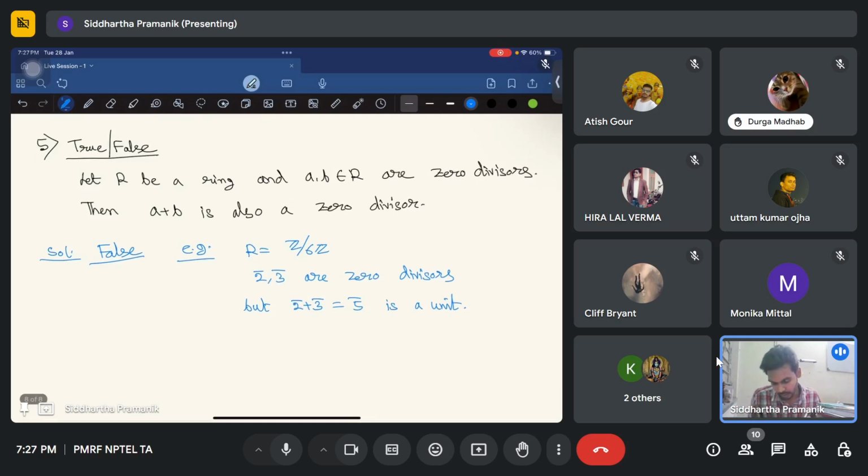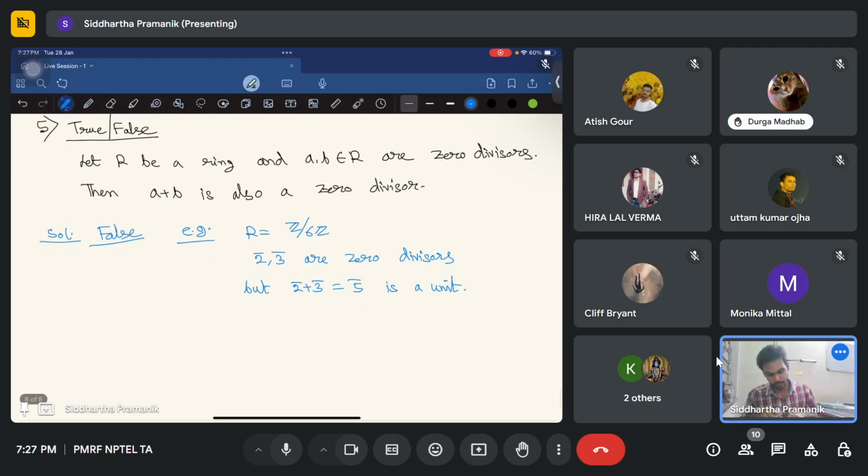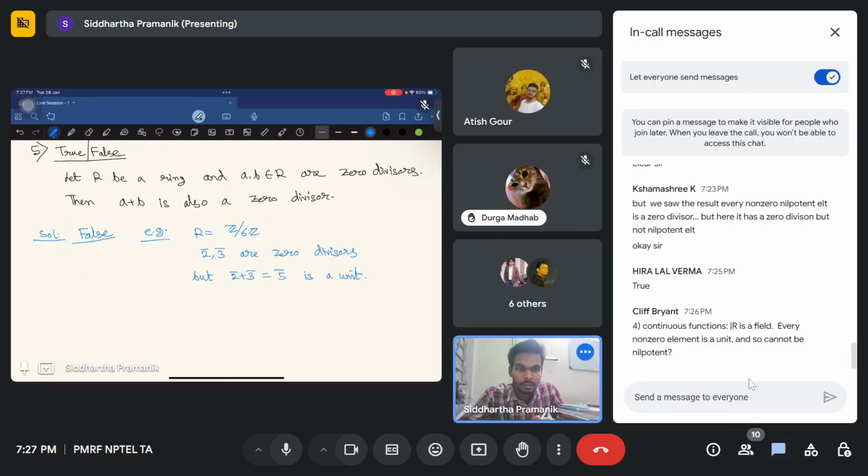So I hope others also got this. Saying every non-zero element is a unit, so cannot be nilpotent. I don't know how we were saying that every non-zero element is a unit. I don't know that is true or not.